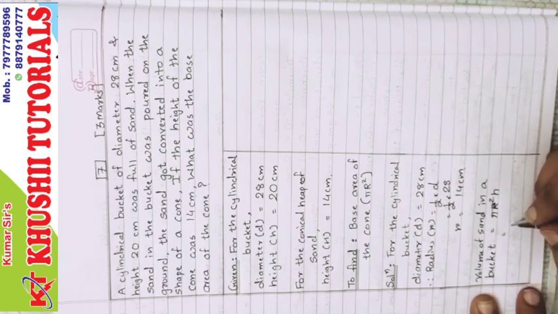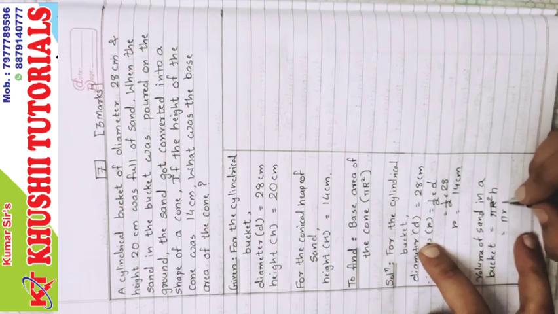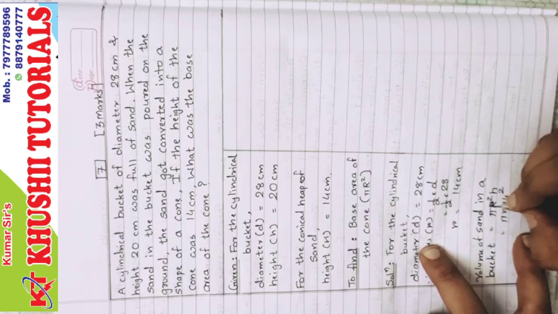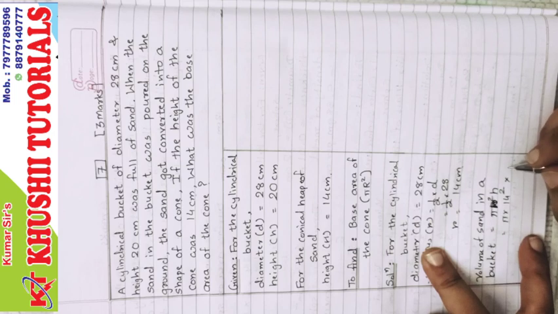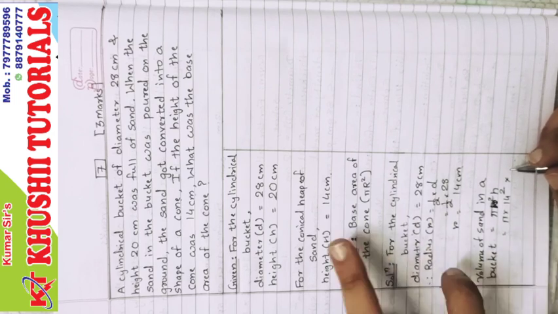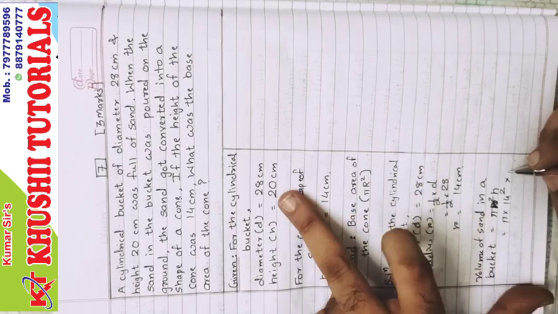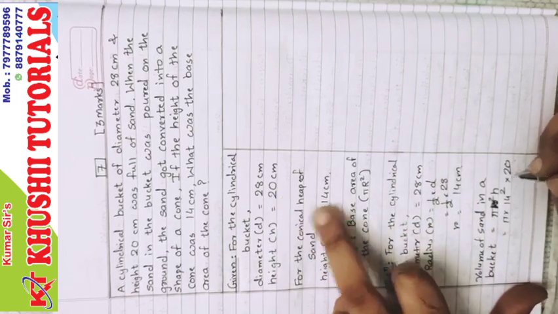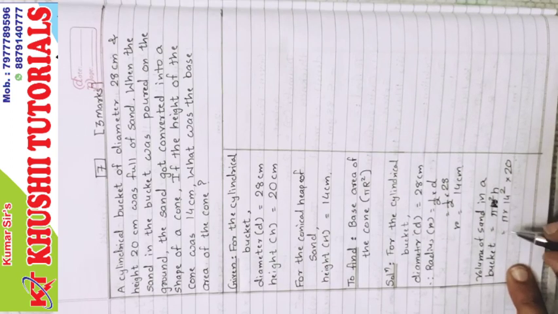Pi, we will take it as pi only. Our radius of the bucket is 14, so 14 square, r small only, not capital, into height. Height is 20, because 14 is for the conical part. This is cylindrical, so height is 20.